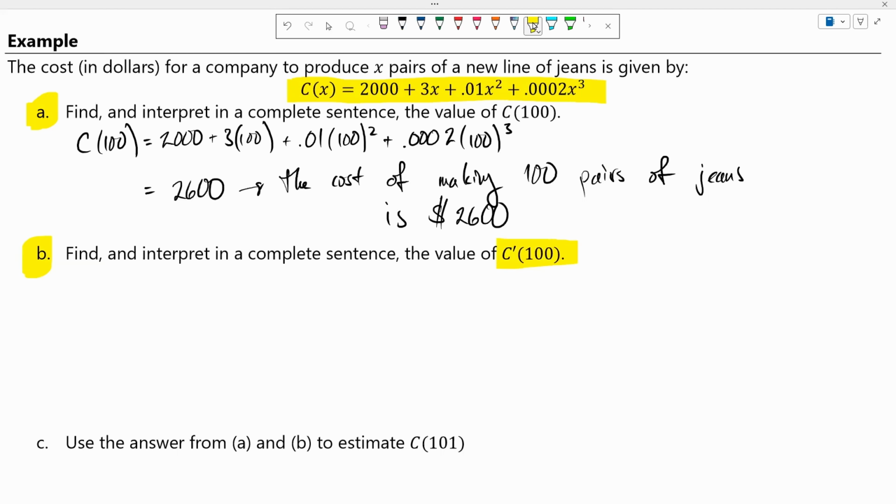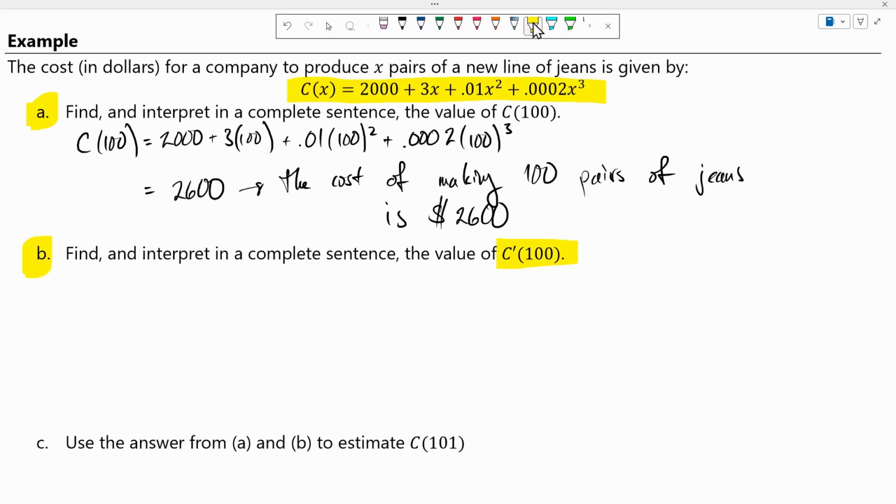We can't call this a velocity, but we can still use that interpretation of the instantaneous rate of change in a cost. Got it? So this is going to be the instantaneous rate of change in the cost when we make 100 pairs of jeans.